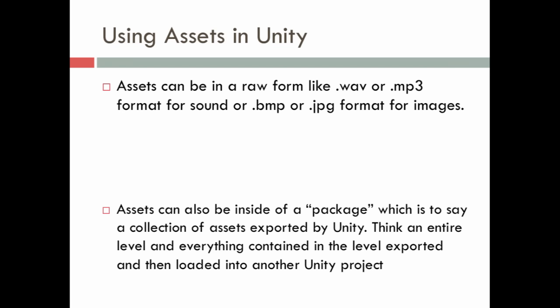If you take a model and put a certain texture on it and make certain animations work with it, you can export that character, a completed character, out of Unity to be imported into another program or as another Unity scene. And again, this would be a package.